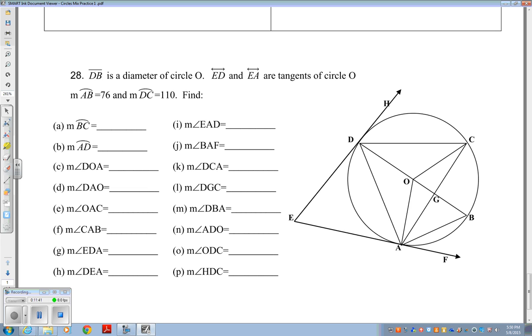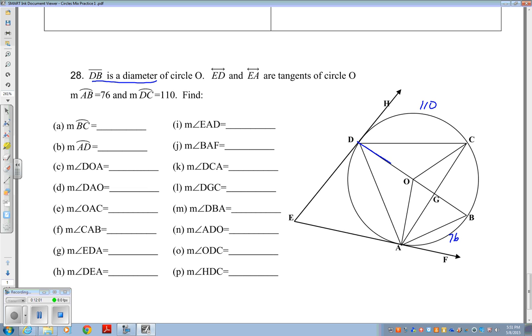One thing I would suggest to you is to always label your givens. So they give arc AB as 76, and then they tell you the arc DC is 110, and then they tell you that DB is the diameter.